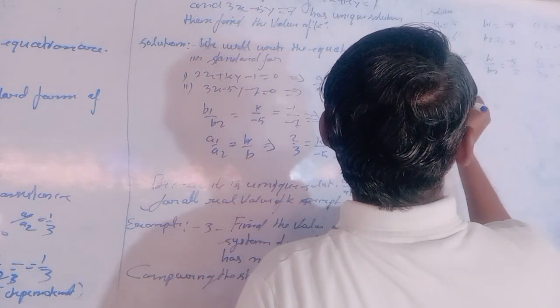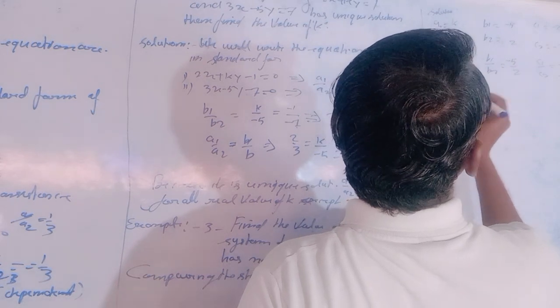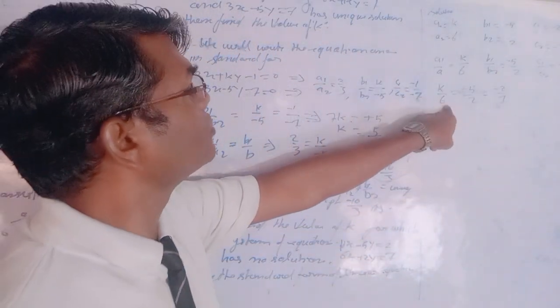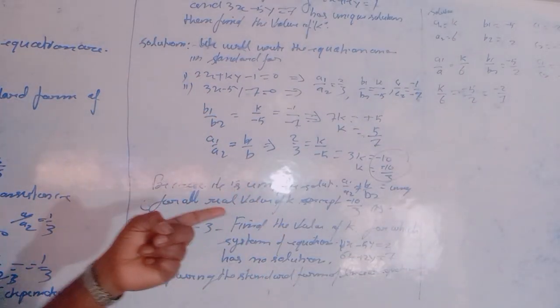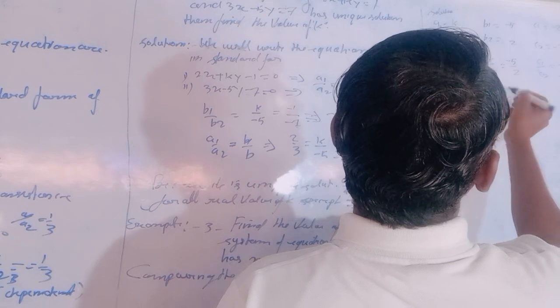So k by 6 is equal to minus 5 by 2, which is not equal to 2 by 7. We have to find the value first, then compare.